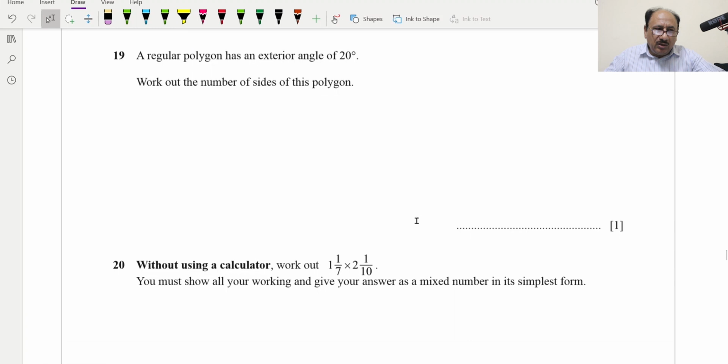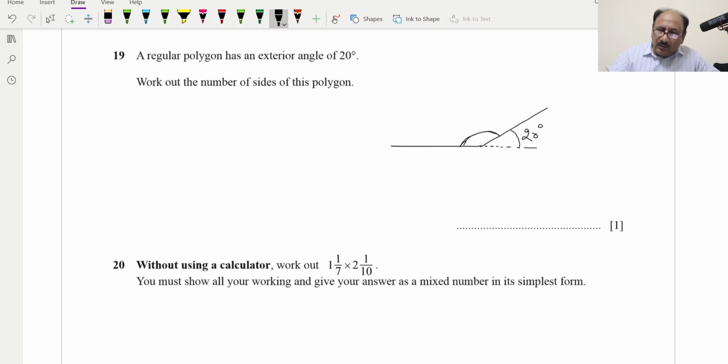Then question number 19. A regular polygon has an exterior angle of 20 degrees. So the exterior angle is 20 degrees. We can draw a rough sketch for your understanding. For example, this is 20 degrees. If we draw this exterior angle, this one is 20 degrees, and this is the interior angle.